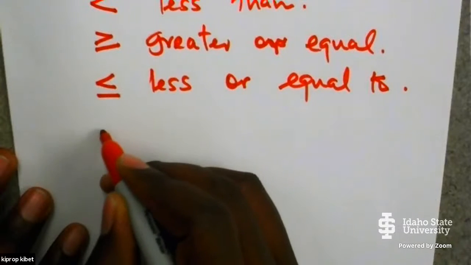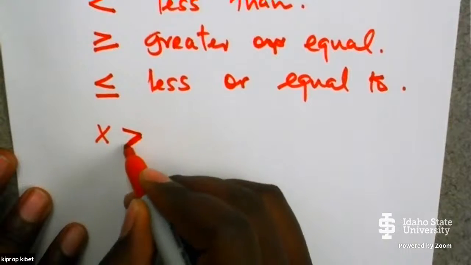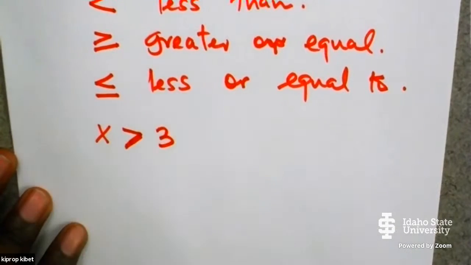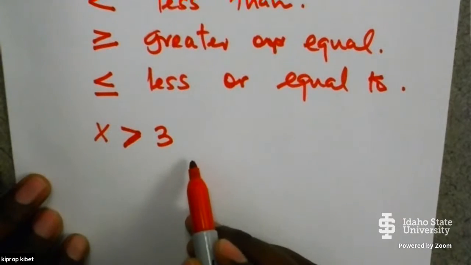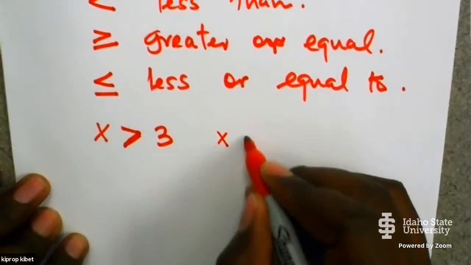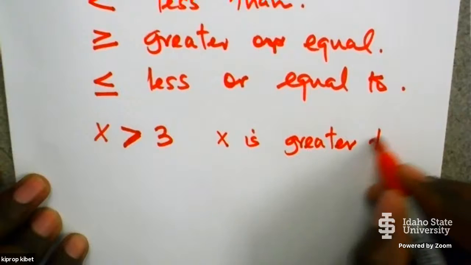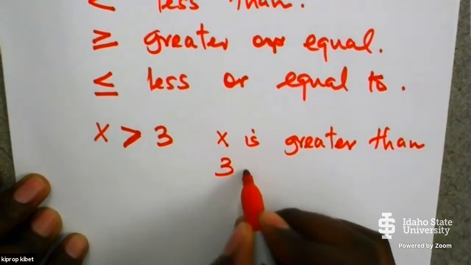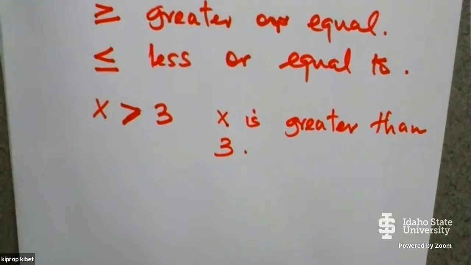Now, when a given x is like that, x greater than 3, this is read as x is greater than 3.